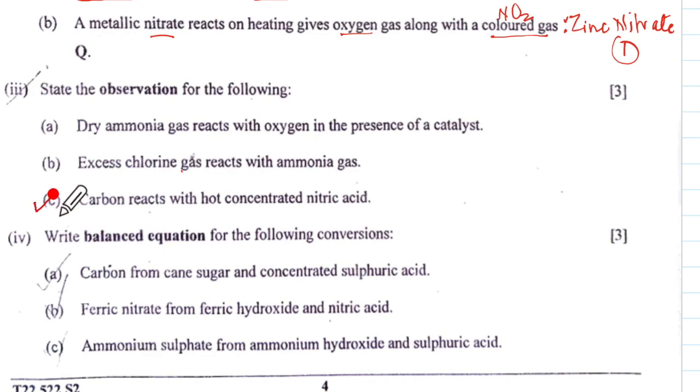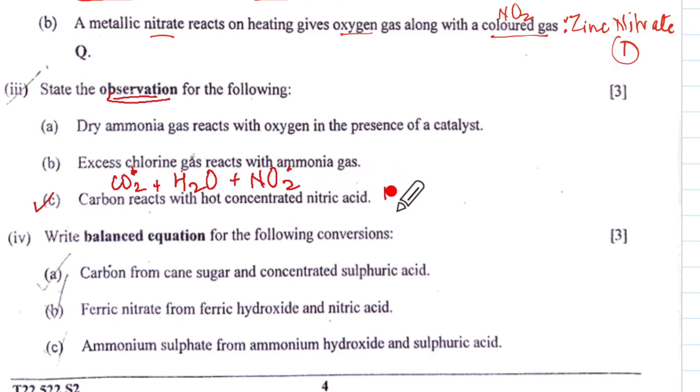So we come to part C. Carbon reacts with hot conc nitric acid. Now carbon will become CO2 and it will also give H2O and NO2. Now for observation, which part will you see first? Will you see this part first or this part first?